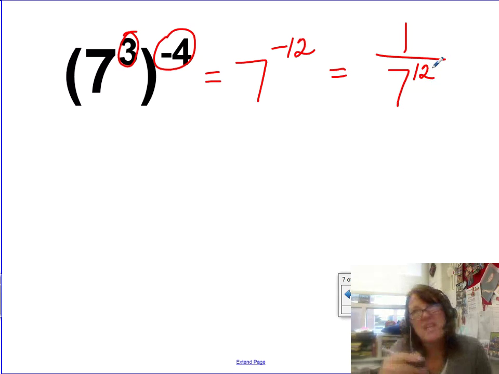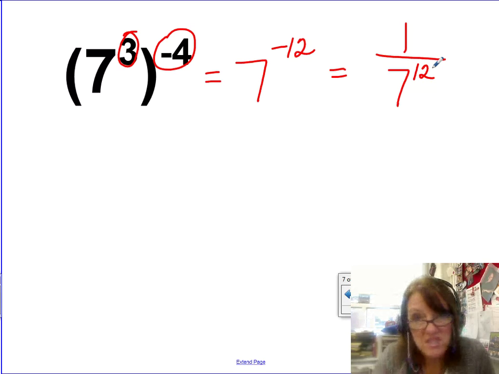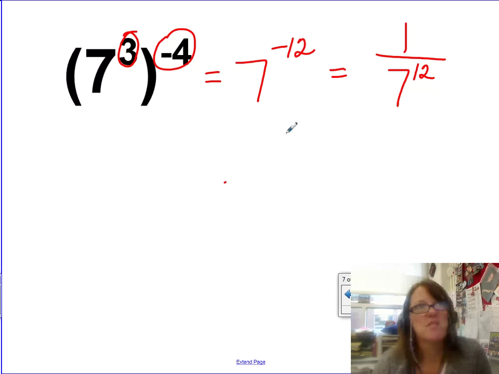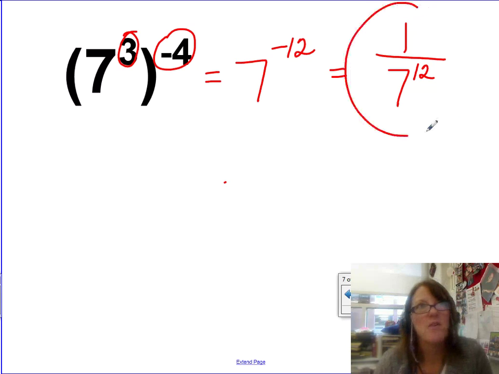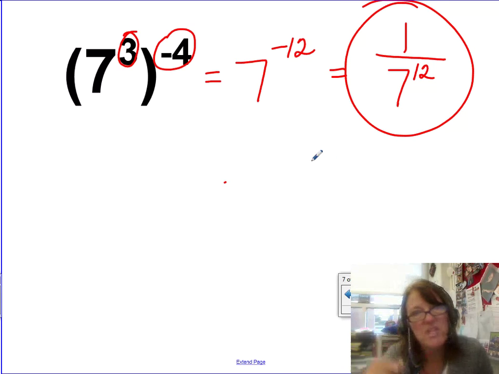It's almost like leaving a fraction that's not in simplest form yet. So if you left the answer as 3/6, I would say, oh, it's best to write that as 1/2. Same thing here, 7 to the negative 12 power. It's a little cleaner, nicer, neater to write it as 1 over 7 to the positive 12 power.